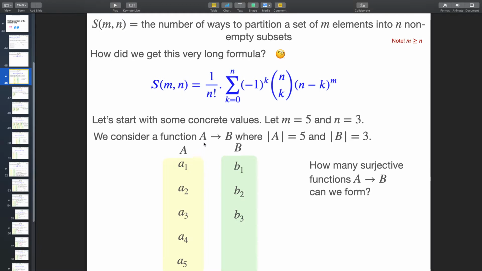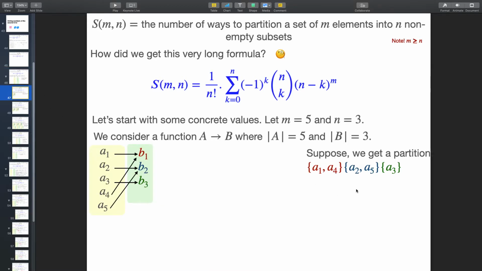So, pwede natin ma-imagine na bibigyan ka niya ng number of ways to partition this into three non-empty subsets. So, for example, one way to do that ay ito. A sub 1, A sub 4 magkasama, A sub 2, A sub 5 magkasama, tapos A sub 3 magkasama.